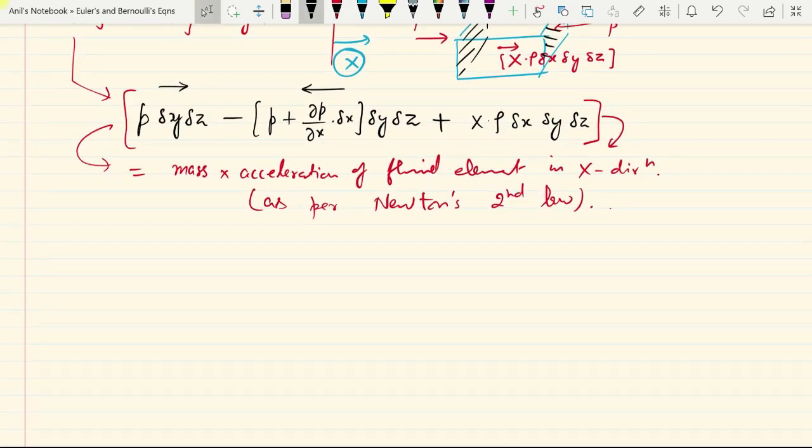And we can write it like this: mass of this block element is rho into delta x, delta y, delta z. Acceleration in x direction is ax.